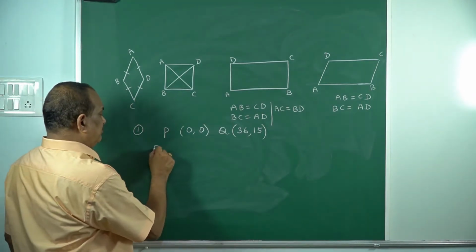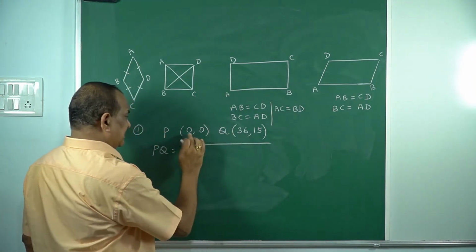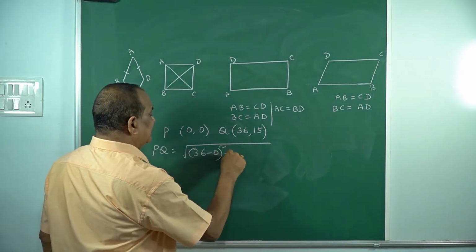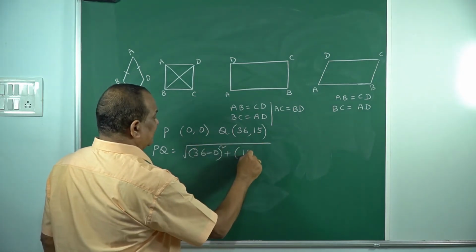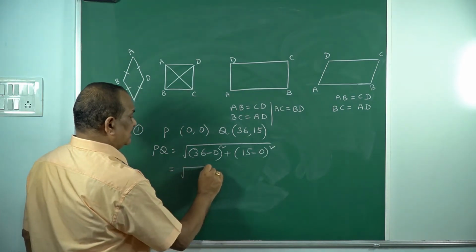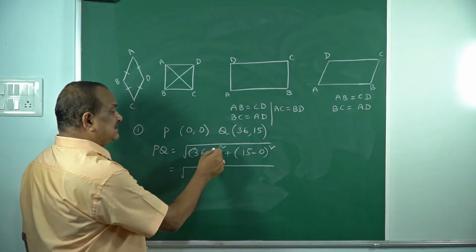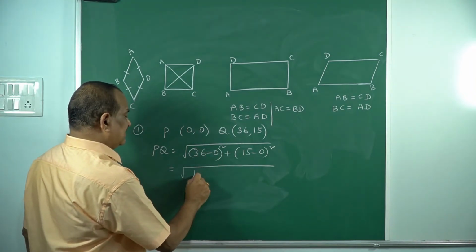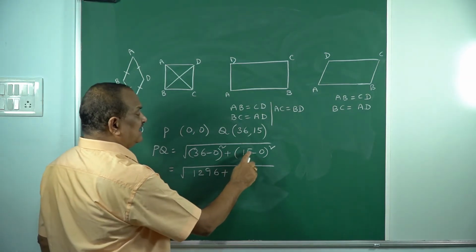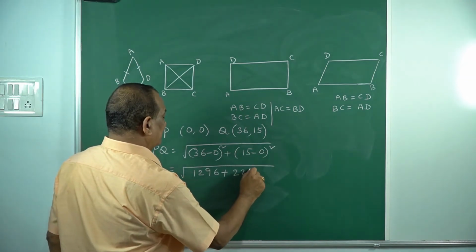So PQ is equal to under root of 36 minus 0 whole square plus 15 minus 0 whole square, that is, x2 minus x1 whole square plus y2 minus y1 whole square. Here you have 36 squared, which is 1296, and 15 minus 0 is 15 only, 15 squared is 225.